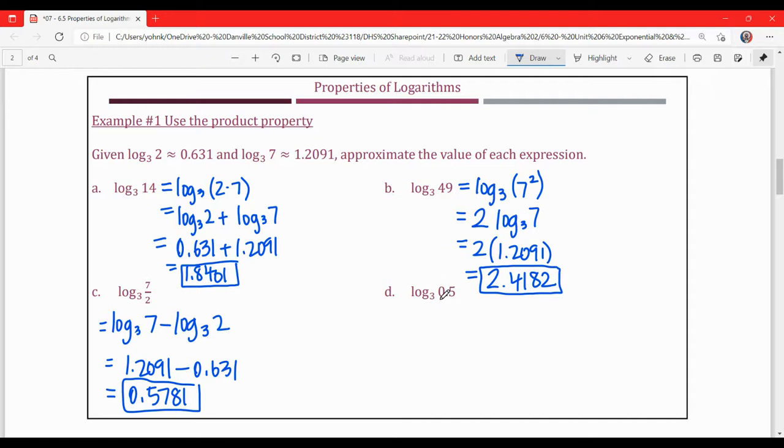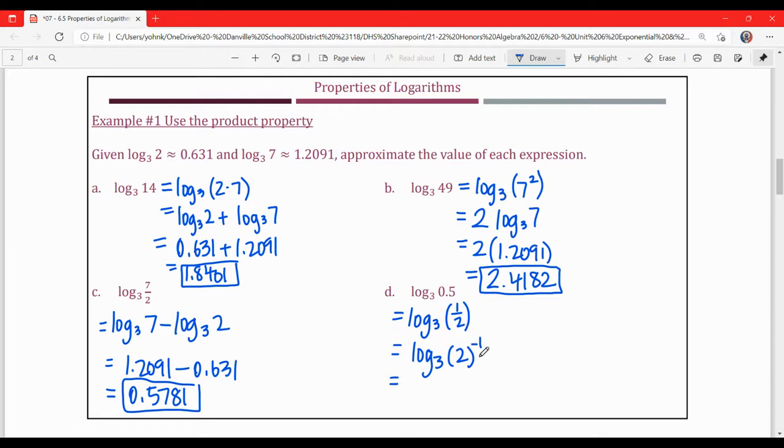Okay, letter D, log base 3 of 0.5. I have to figure out how to get to 0.5 using 2's and 7's. Well, if I do 1 divided by 2, I get a half, which is 0.5. So I can rewrite this as log base 3 of 1/2. Then 1/2 becomes 2 to the negative 1 power.